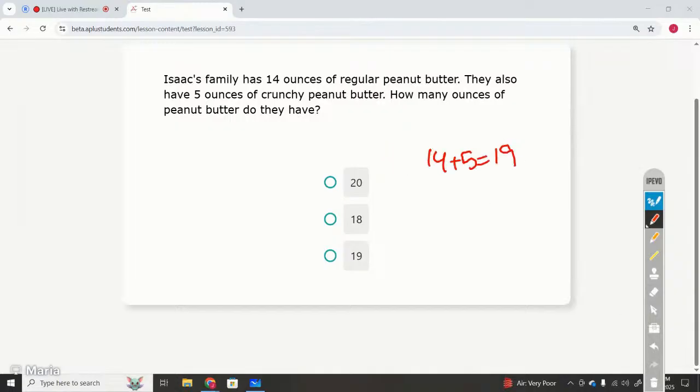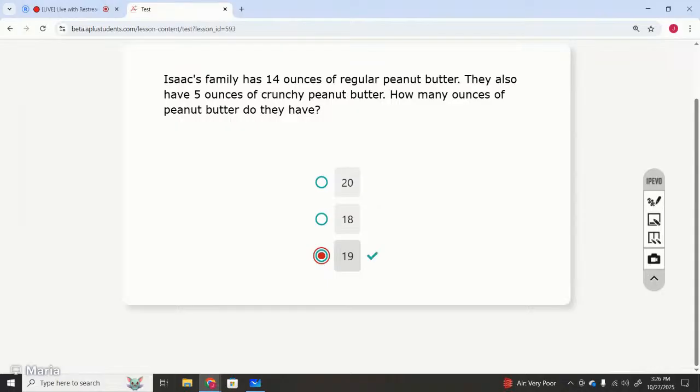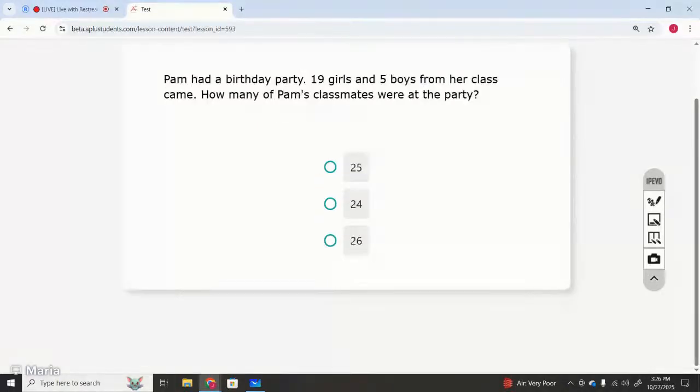That is 14 plus 5 equals 19. Option number 3 is the correct option.